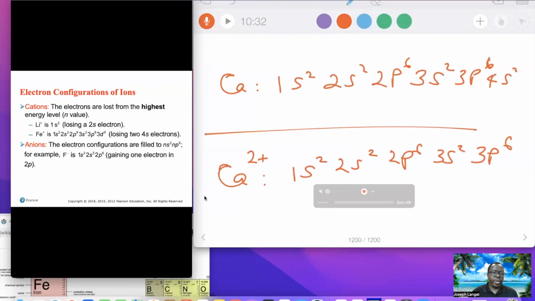You may be wondering, for iron, this should be iron 2+.